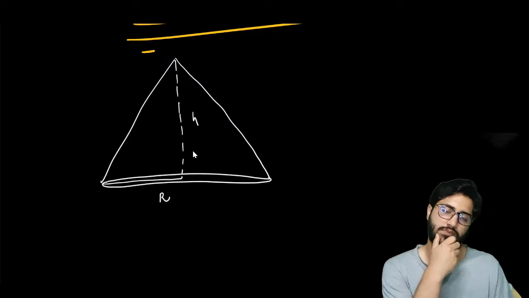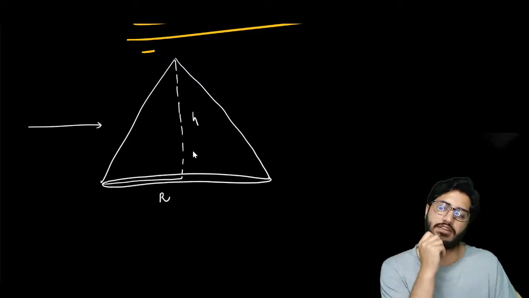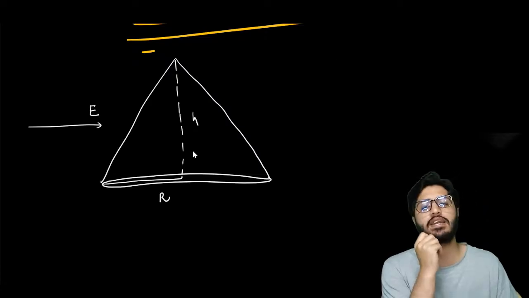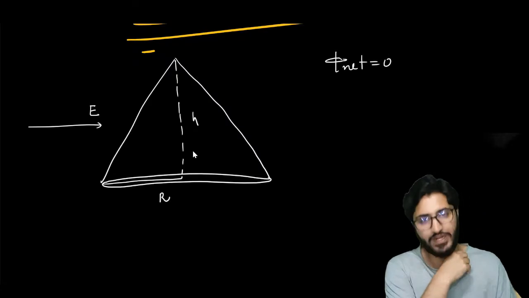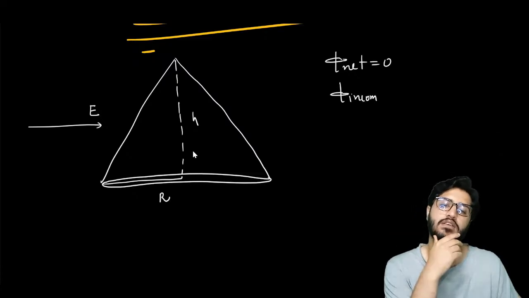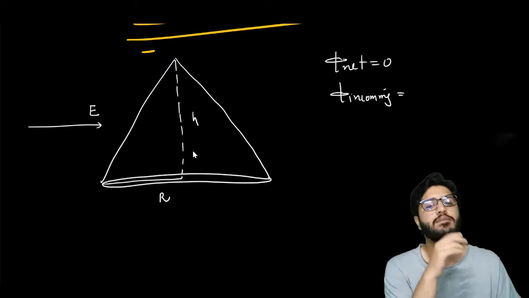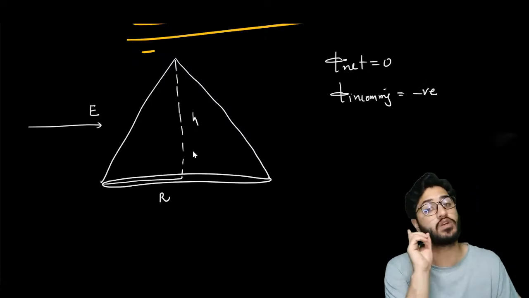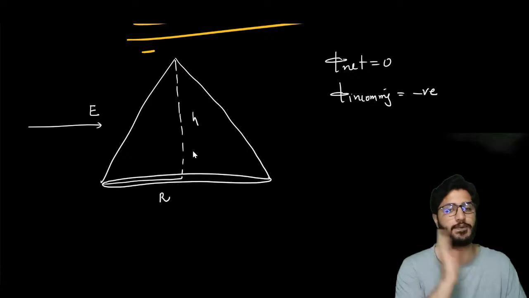Electric field is coming in this way. We know that the net flux will be 0. We have to calculate the incoming flux. First of all, incoming flux is always negative, right?